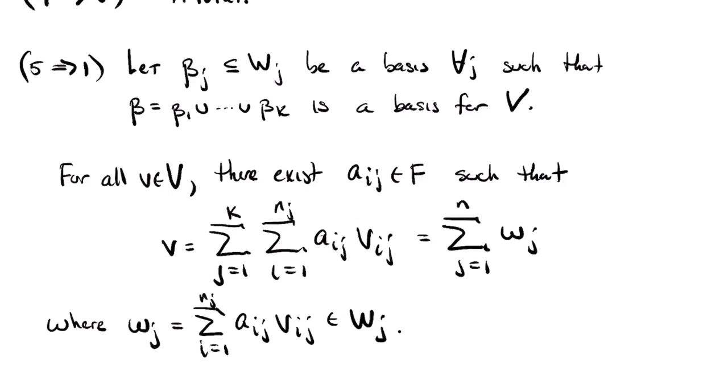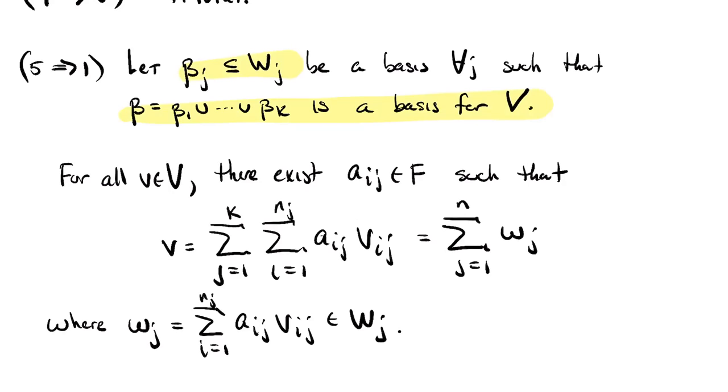So let's assume 5, that there's a basis beta j for every wj. And we're assuming that the union of those things is a basis for V. And what do I want to do? I want to show V is the direct sum of the w's. So I want to show that the sum is V and that the intersection equaling 0 property holds.